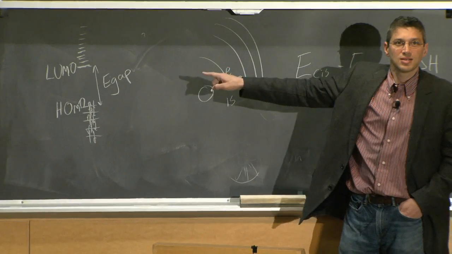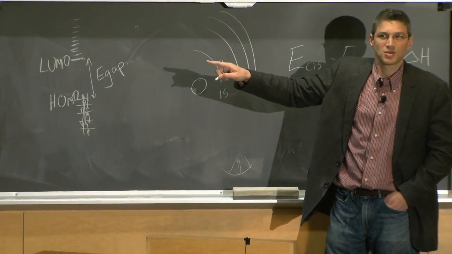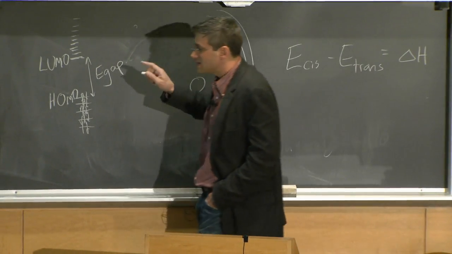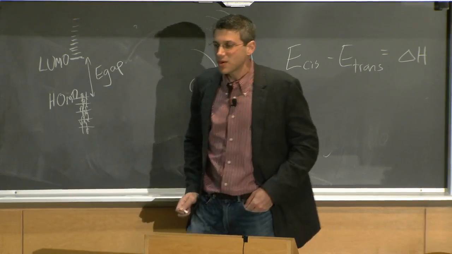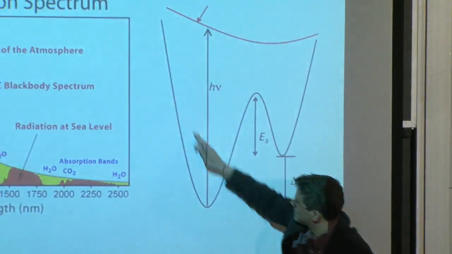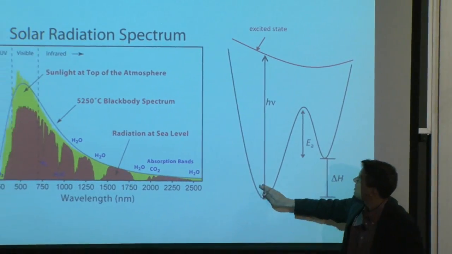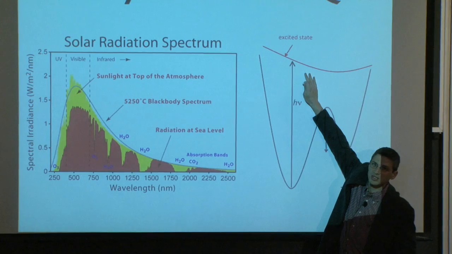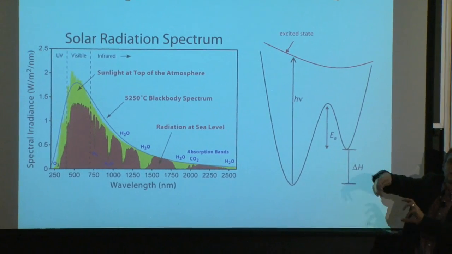How does that relate to the absorption of sun by a solar fuel? Well, it's the same idea. When you absorb sunlight, see this h nu? Sunlight came into this trans state, and it made it go up onto another energy surface. That got it to twist.